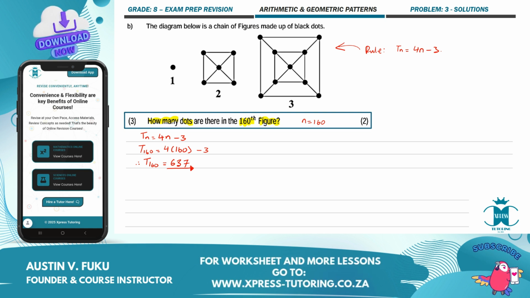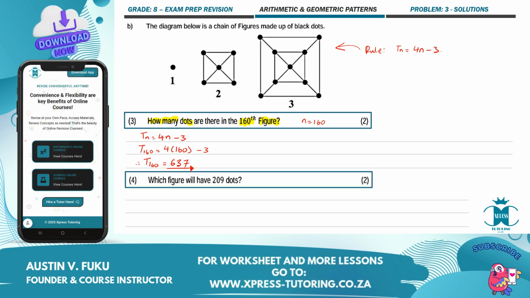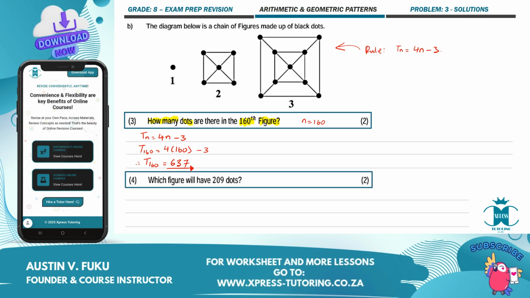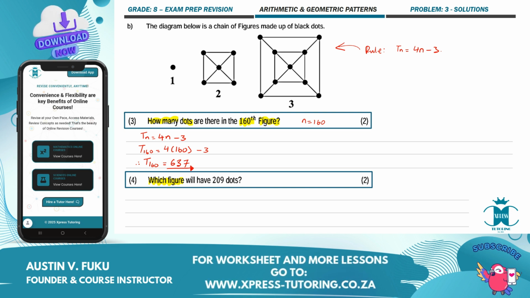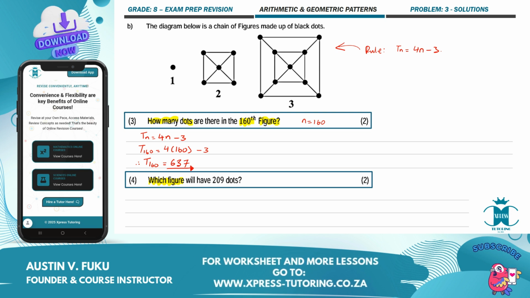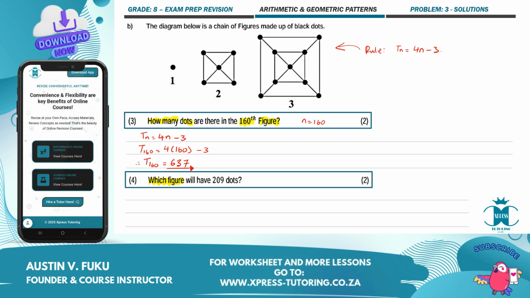Okay, then in question B4, which figure? Now when you look at question B3, they said 160th figure, so we knew that n stands for the figure. So now if they are asking which figure, that means n is unknown here.